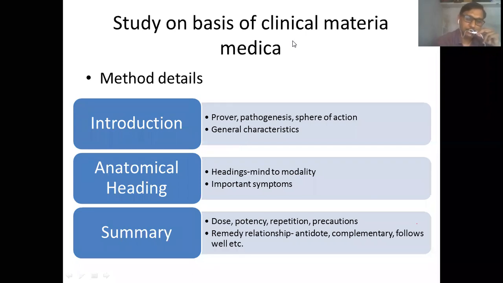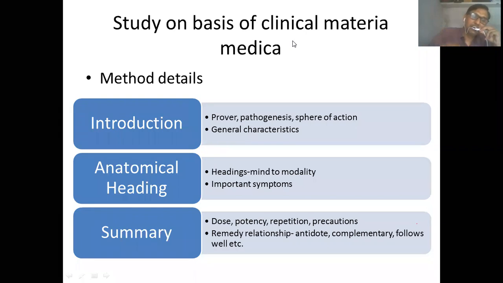For example, a well-known example is belladonna and Calcarea carb. If you use belladonna initially, it will act partially, but it is to be followed by Calcarea carb. There is one more important topic in your syllabus, that is relationship of remedies. At that time, it will be clear.